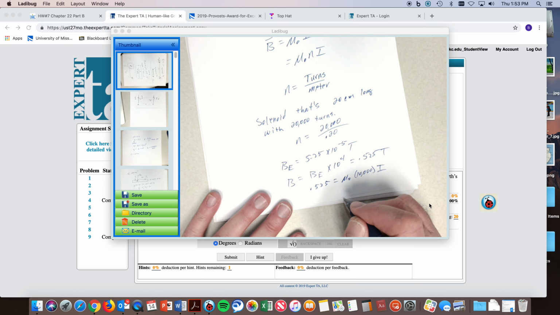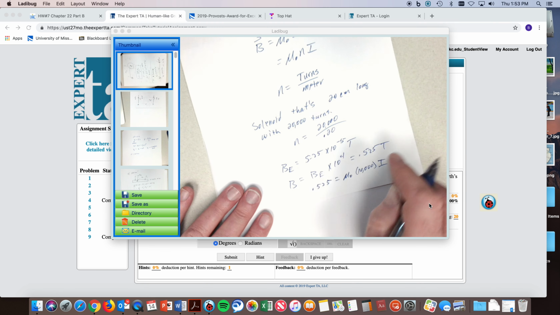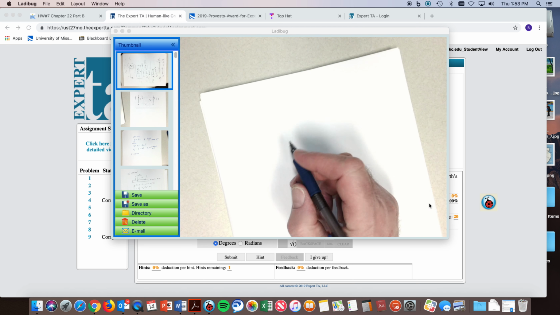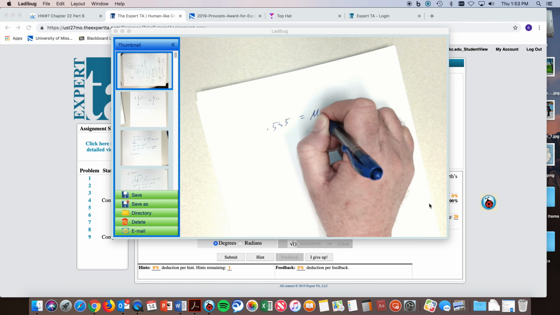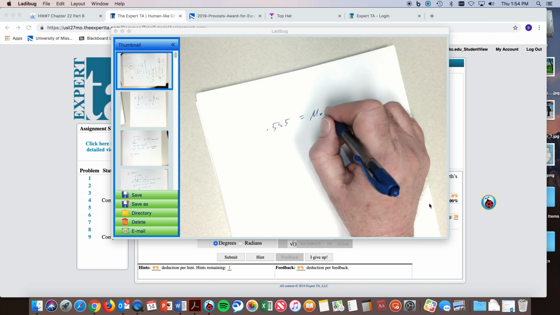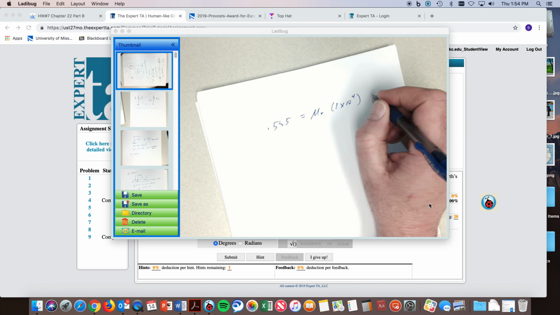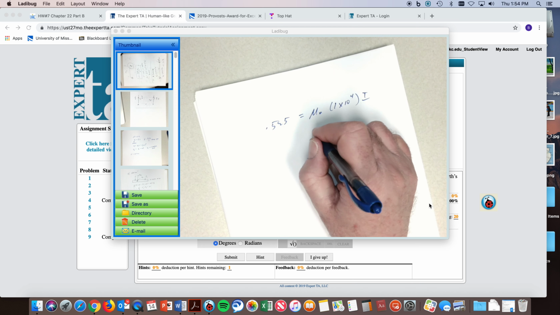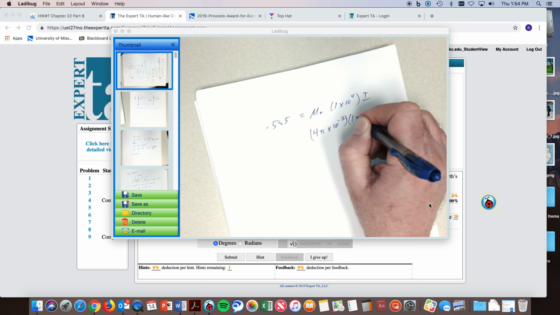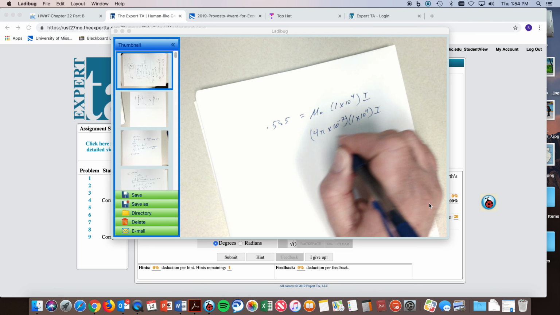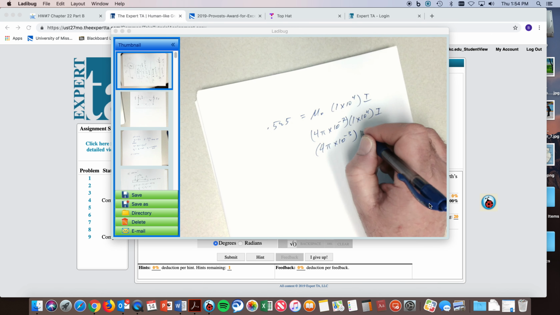So if I take mu naught, I've got 0.525 equal to mu naught times 1 times 10 to the 4th times I. If I've got 4 pi times 10 to the negative 7, times 1 times 10 to the 4th, I get 4 pi times 10 to the negative 3 times I.